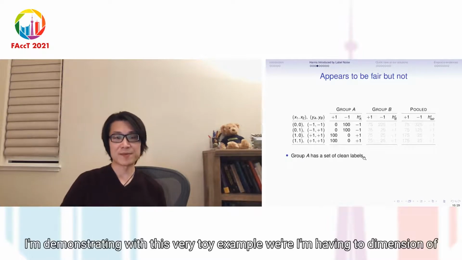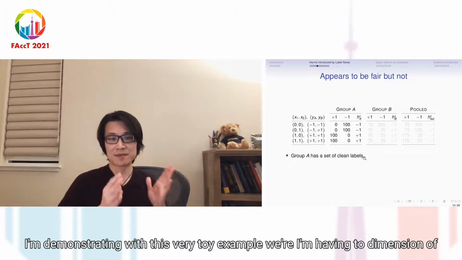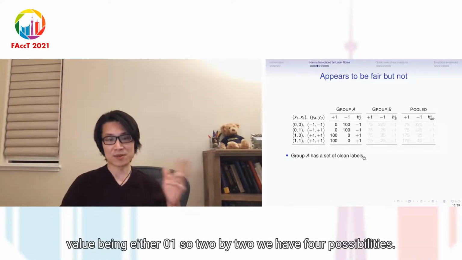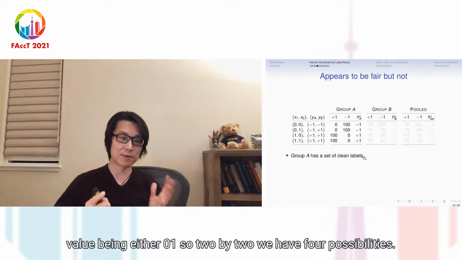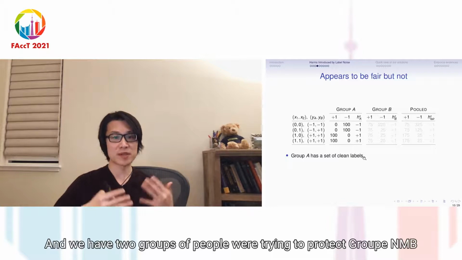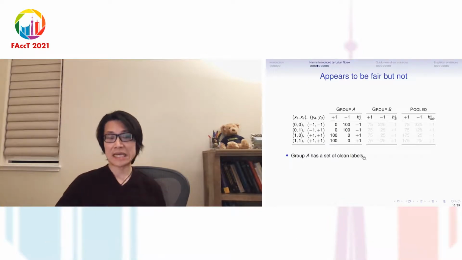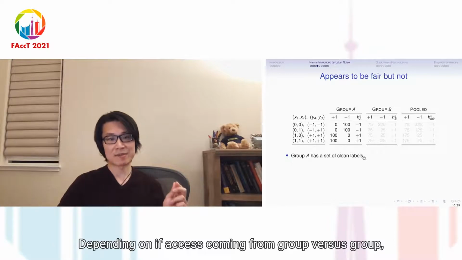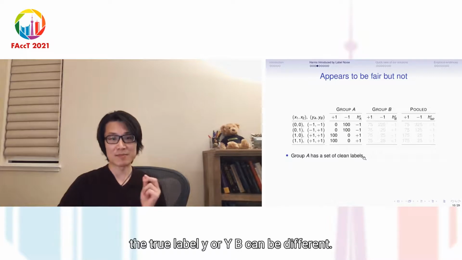Again, I'm demonstrating with a very toy example where I have two dimensions of features, x1 and x2, and each feature takes a binary value, either 0 or 1. So 2 by 2, we have 4 possibilities. And we have two groups of people we are trying to protect, group A and B. For each x, depending on whether x comes from group A or group B, the true label yA or yB can be different.